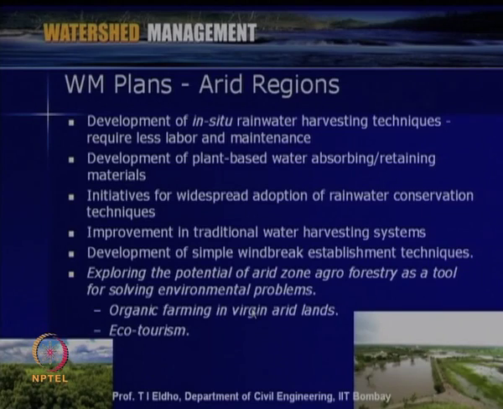In ecotourism, we can develop a particular arid region, a particular arid village, and give facilities for local or international tourists, so that the local people can earn money through various means. So, ecotourism is one of the important aspects which we can promote in many of the areas.